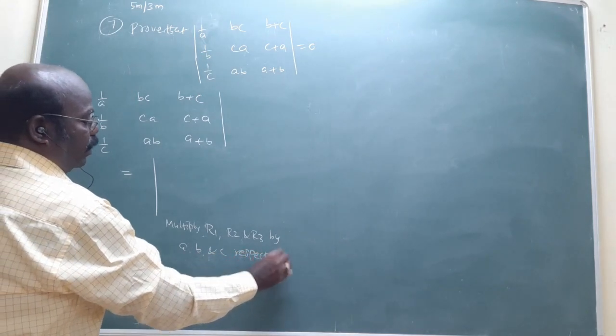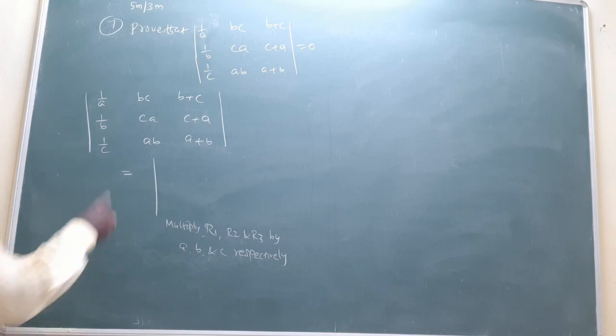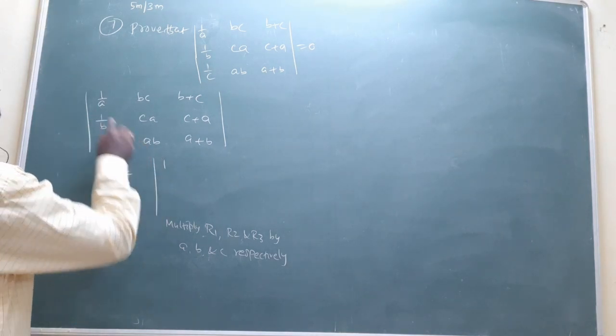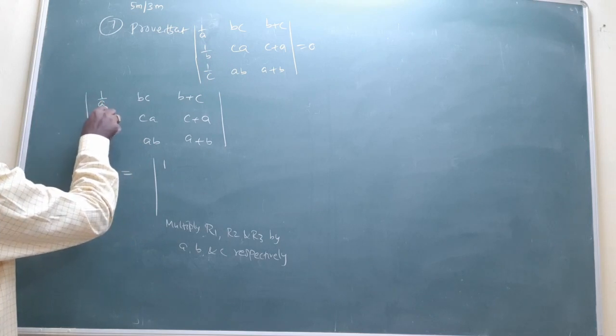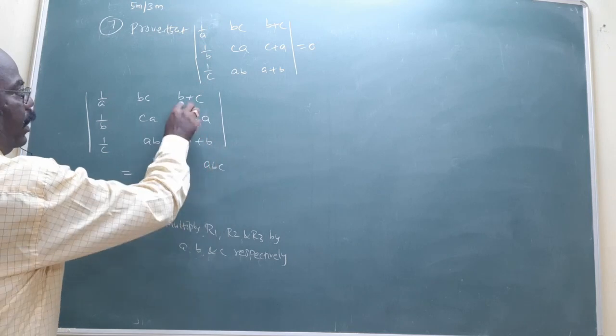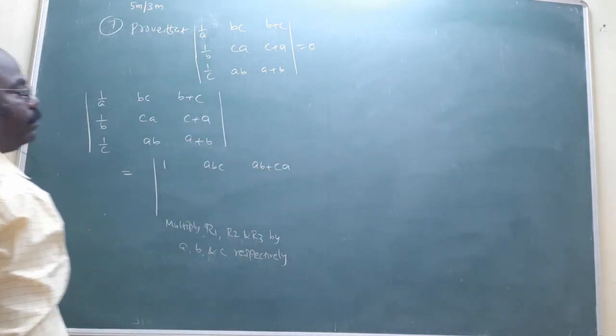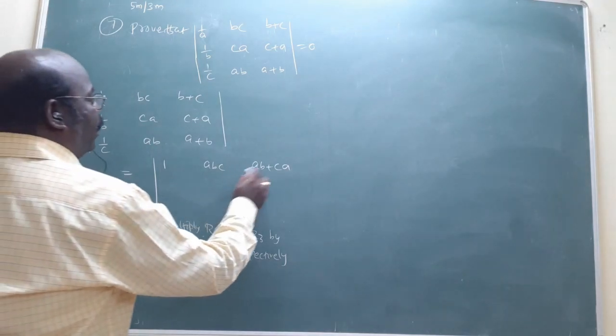That means the first row is going to be A, second row is going to be B, third row is going to be C. Automatically divided by A, divided by B, divided by C. That means 1 by A, B, C. Now here multiply A, no? 1 will come. A, B, C will come. A, B, C will come. Here multiply A: A, B plus A, C will come. Am I correct? A, B, A, C will come.